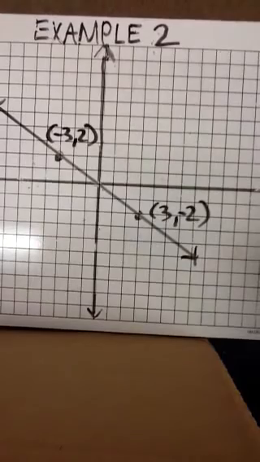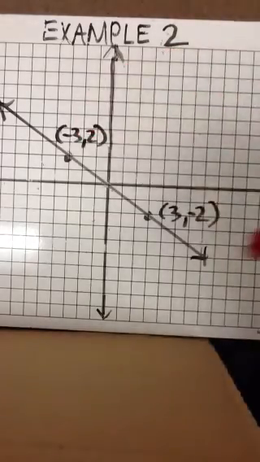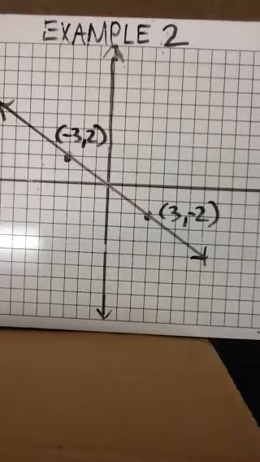Let's try another one. All right. What kind of a slope is this line? That's right. This is a negative sloping line. Let's start at -3, 2, and we're going to count down and across to where x is 3 and y is -2.